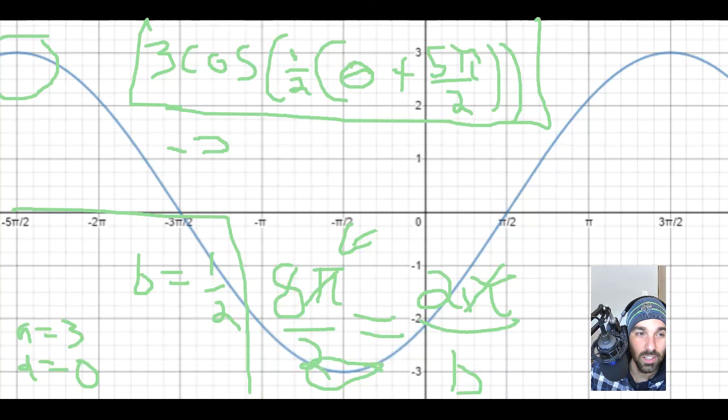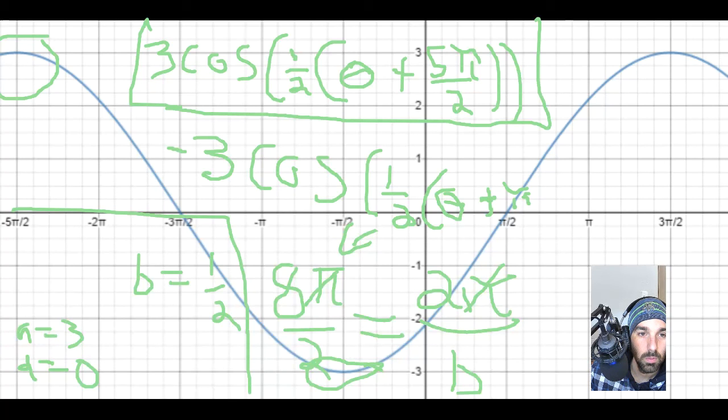Another way you could do this is I could have said -3 cosine, and then 1/2, and then theta, and then minus pi over 2. No, plus pi over 2. So that's another way that you could have written it. That's how I did mine the first time.